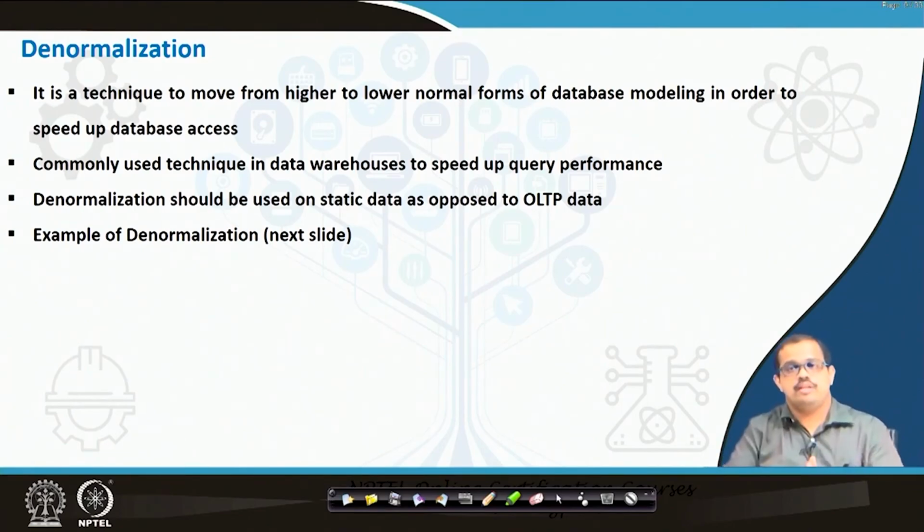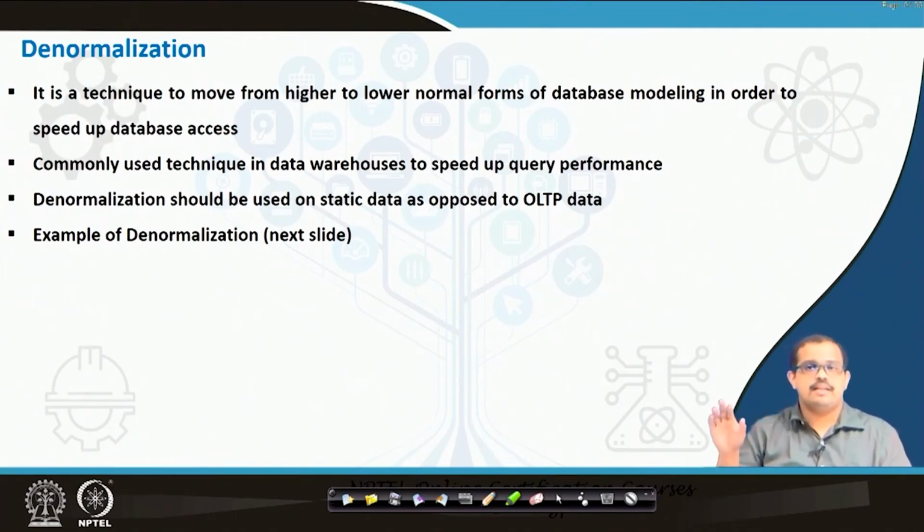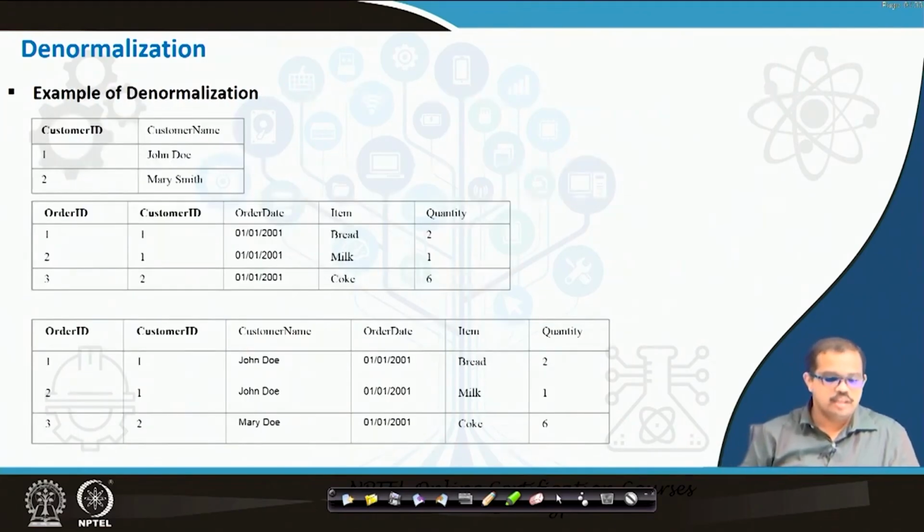So you denormalize it and do the query processing. Denormalization should be used mostly on static data as opposed to OLTP data. So when we look at an example of denormalization, this example can be taken into context.